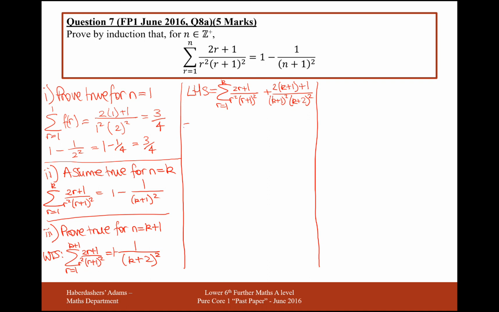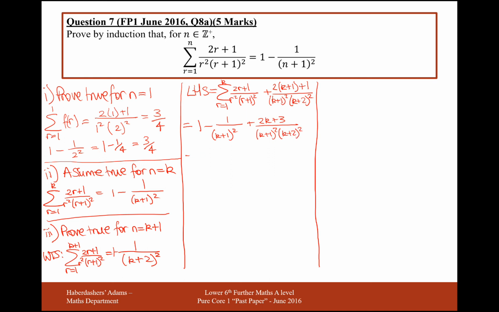So what I can do now is use the formula for the sum up to k in my part 2. So that's going to be 1 minus 1 over (k plus 1) squared. And this will then add on to 2k plus 3 over (k plus 1) squared (k plus 2) squared.